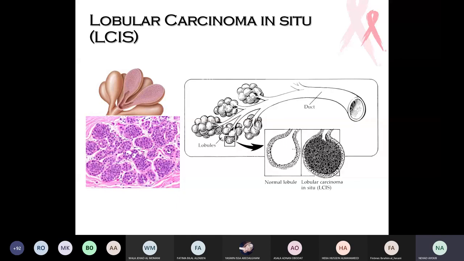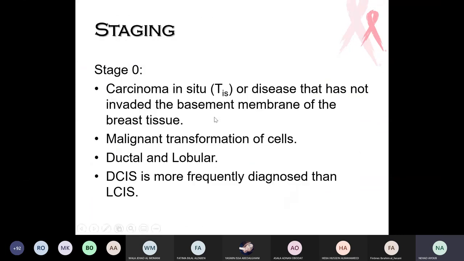Abnormal cancer cells can grow within ducts or within lobules, as long as they did not break the basement membrane and invade outside the structures, they are called in situ carcinoma. فهاي بنقولها stage 0. In situ, IS, stage 0.